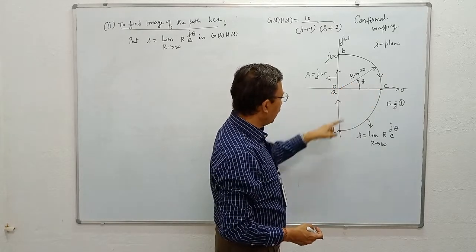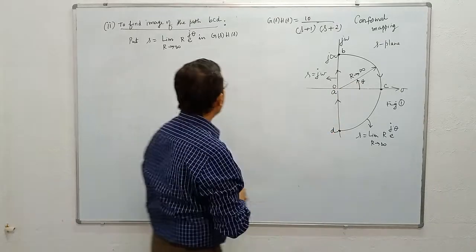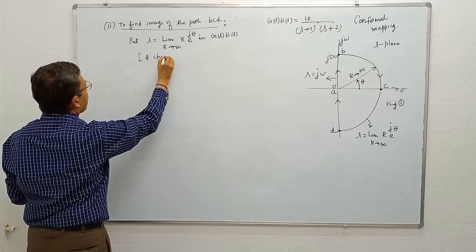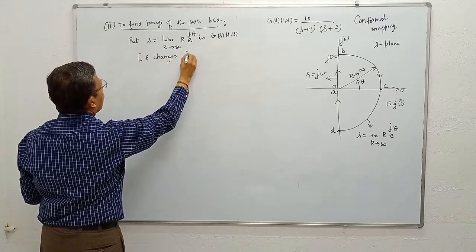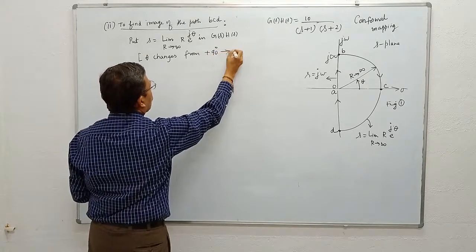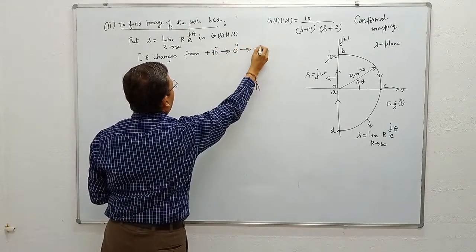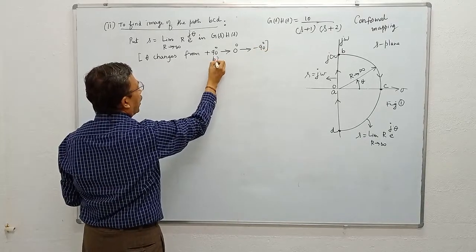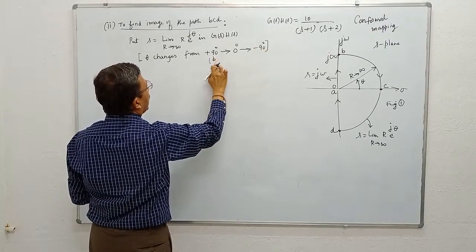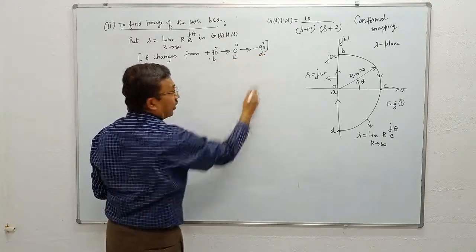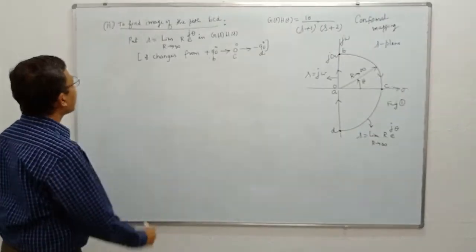When the radius vector is at point D, theta is minus 90. So theta changes from plus 90 degrees through 0 degrees to minus 90 degrees. Plus 90 degrees represents point B, 0 degrees represents point C, minus 90 degrees represents point D.